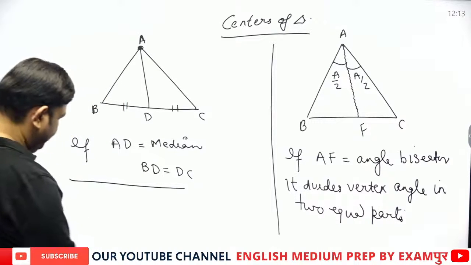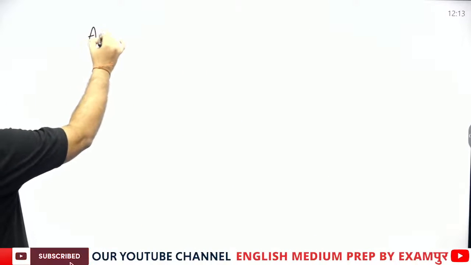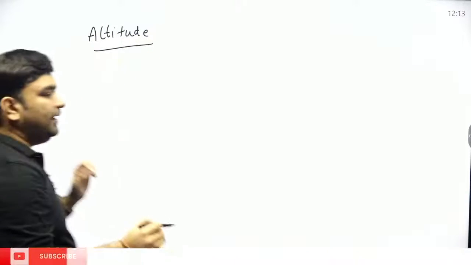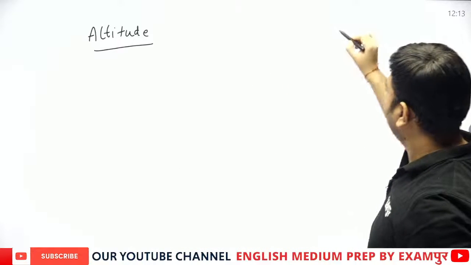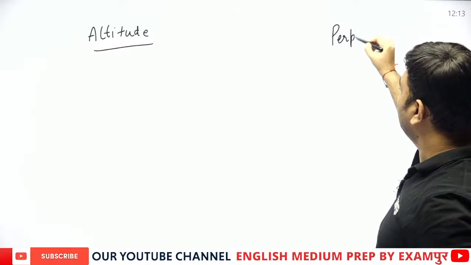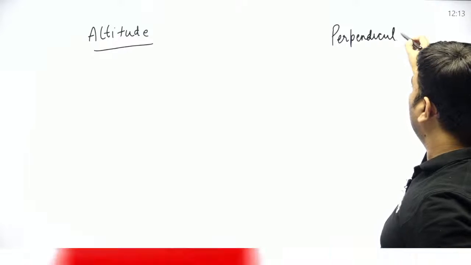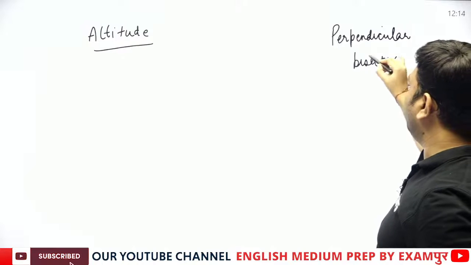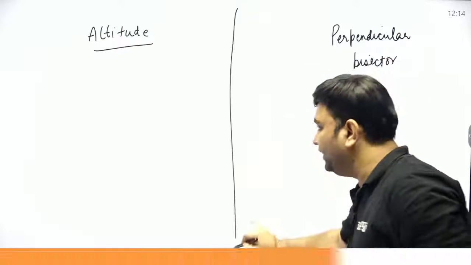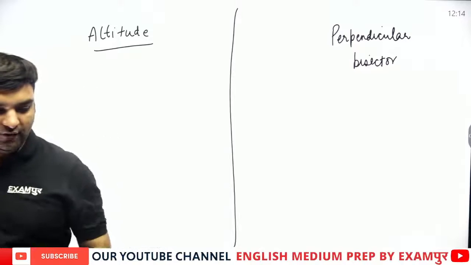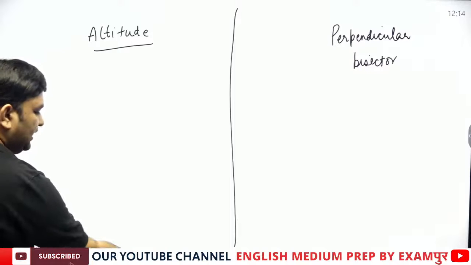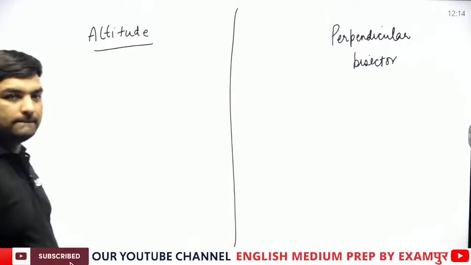There are a few more. Write altitude, and then perpendicular bisector. How are altitude and perpendicular bisectors different?